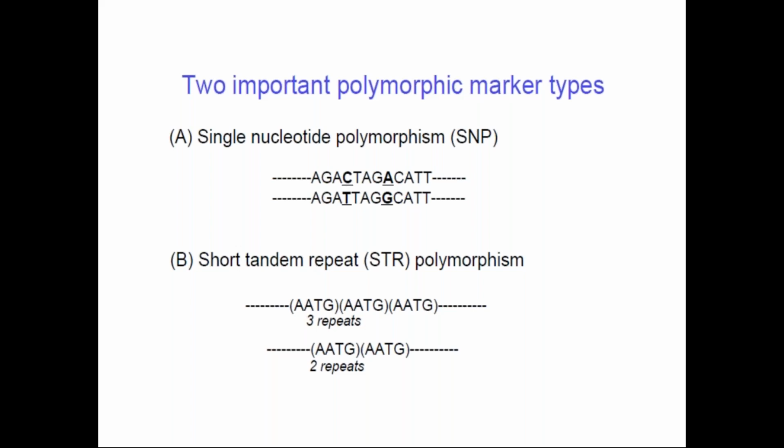In single nucleotide polymorphism, as you can observe on this slide, in our genomic DNA, at a specific location, there is a variation in terms of a single nucleotide. You can see here, this one is C and T, and this one is A and G. Such types of mutations occur.